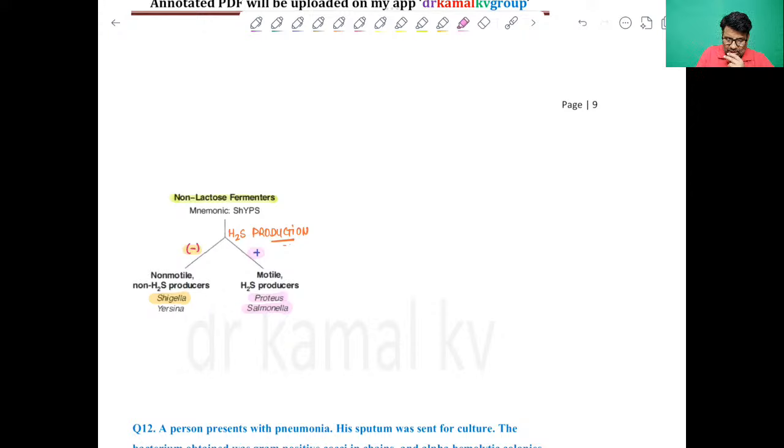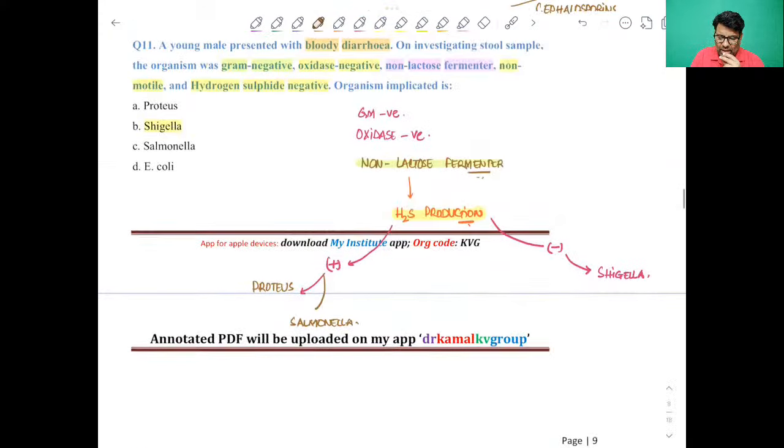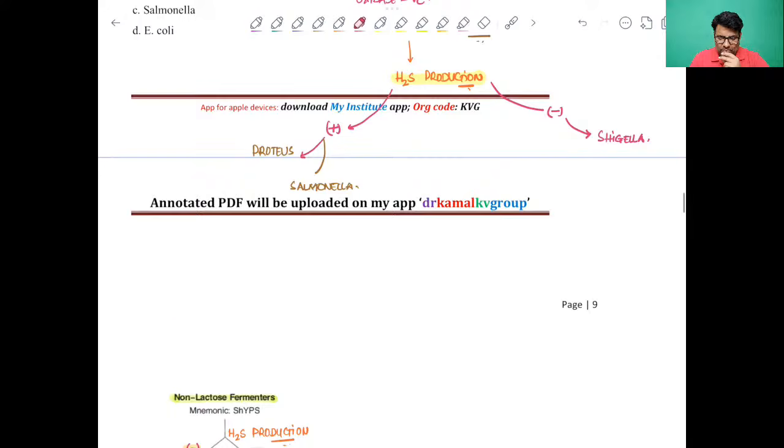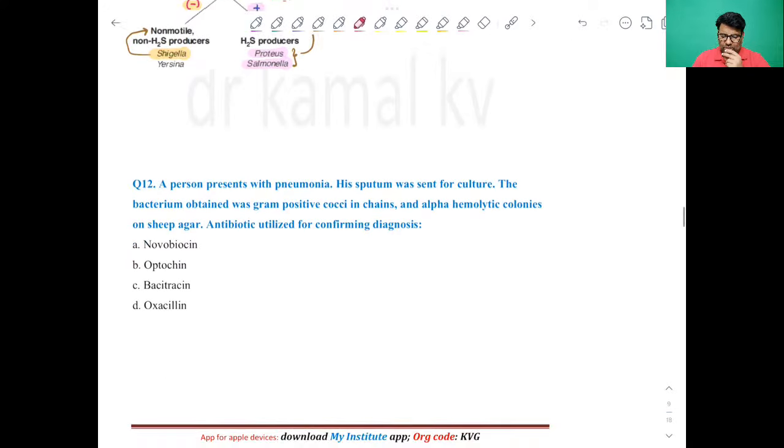Now Shigella is non-motile, whereas Proteus and Salmonella are motile. So that's how we should approach this question. Non-lactose fermenter, hydrogen sulfide negative, think of Shigella. Non-lactose fermenter, hydrogen sulfide positive, think of either Proteus or Salmonella.